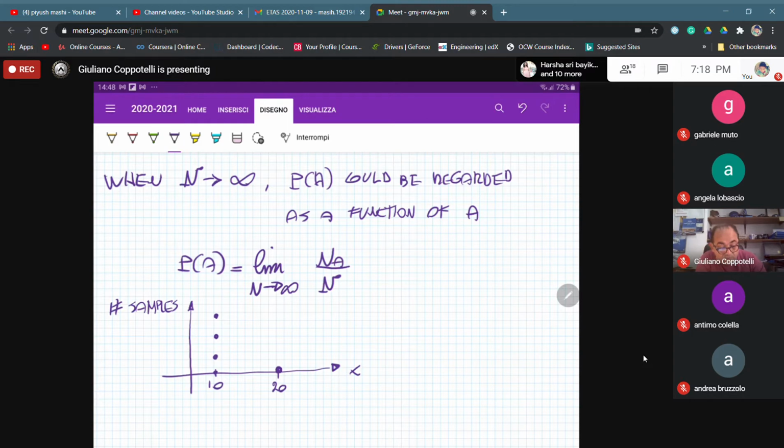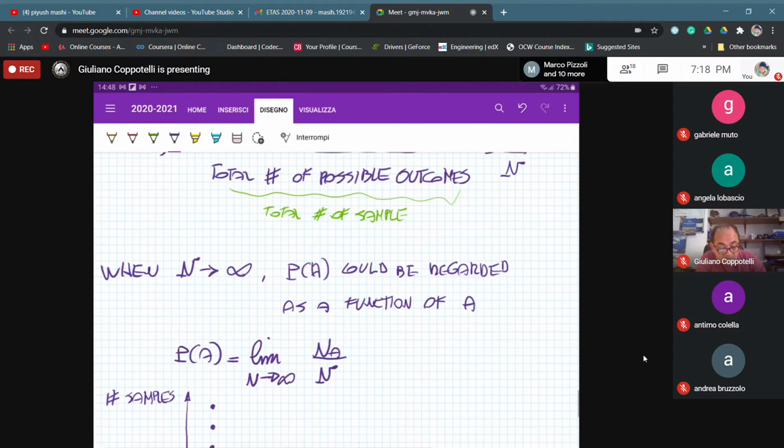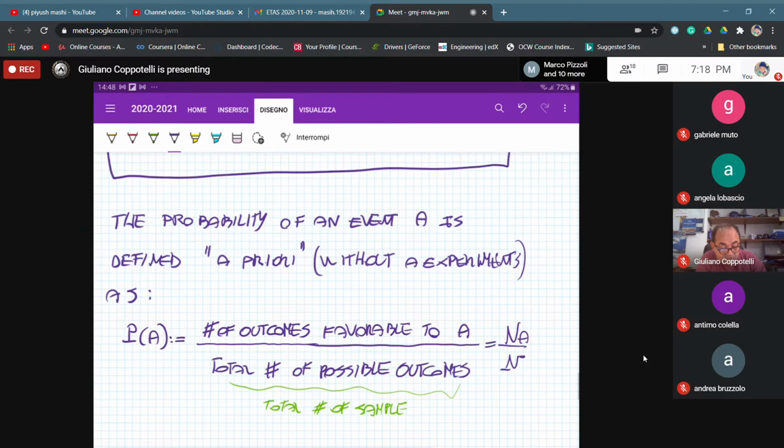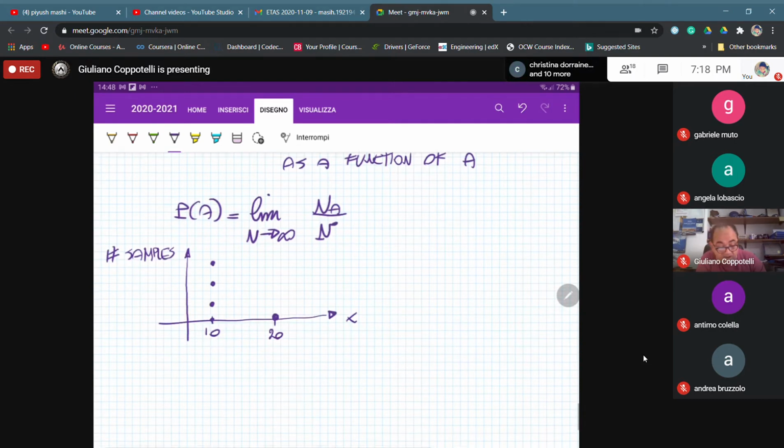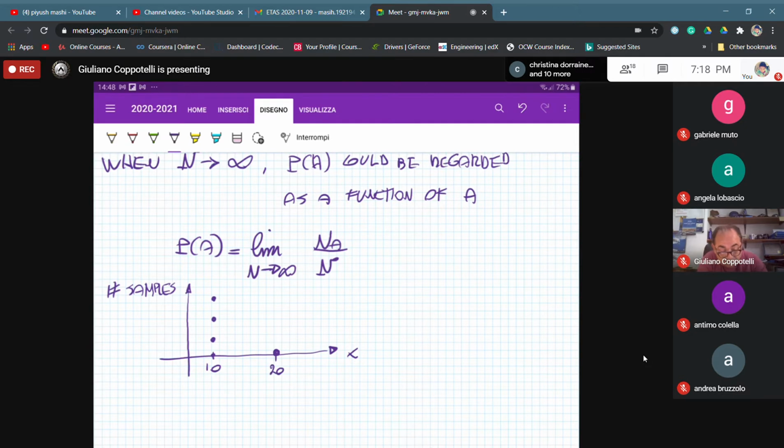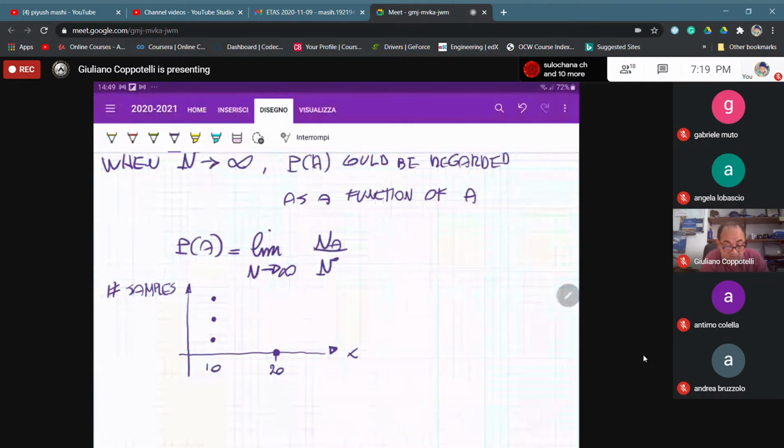That is what we are considering as the ratio between the number of outcomes favorable to a possible event A with respect to the number of outputs. So we have 3 events with 10 as the event label, and 1 event in favor of event label 20.